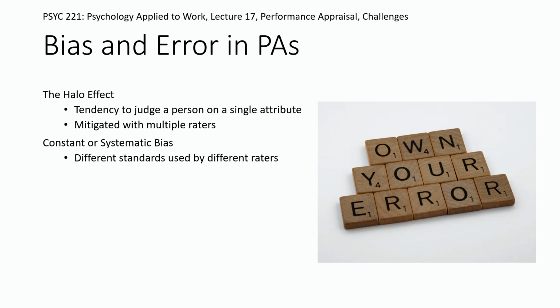And so if you have different raters, assuming you were in a situation where more than one person could observe performance, and you see that you're consistently much lower than the group or much higher than the group, there might be something systemic that you need to look at. And so that's why it's good for human resources to look at what the data says across all of the people doing performance appraisals.